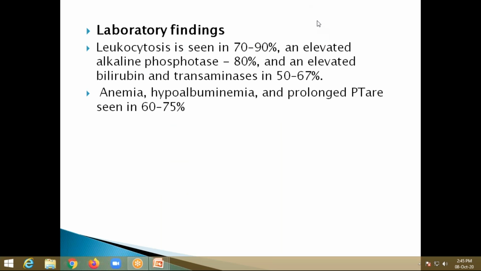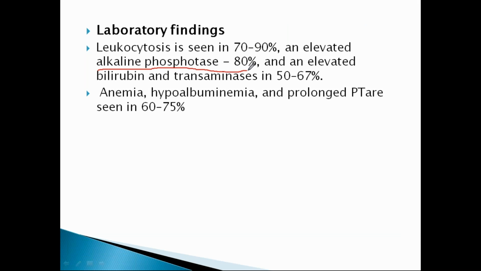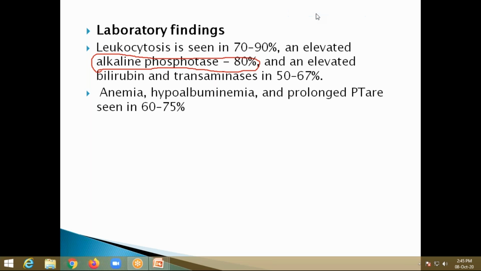Again, as I have said before, alkaline phosphatase is raised in 80% of cases. Just as a mnemonic to remember: amoebic liver abscess is more common in alcoholics, while pyogenic liver abscess is more common in biliary pathology, correct? In alcoholics, what happens?